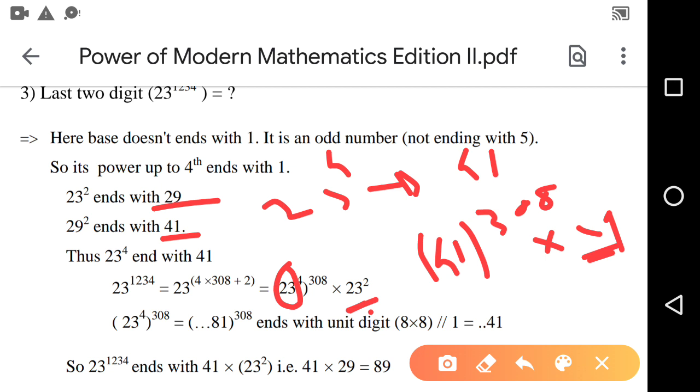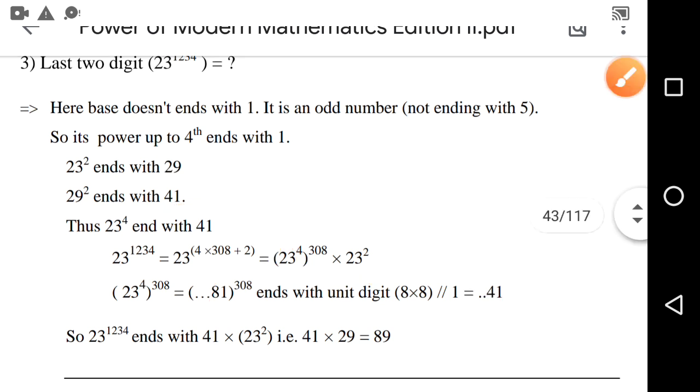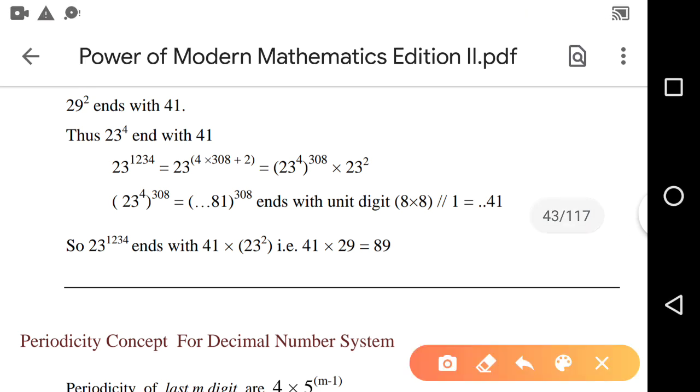And this was wrong, friends. Here it should be 4. 4 into 8 becomes a number ending with 2. So this should be 21. And 21 into 29 ends with 09, friends.